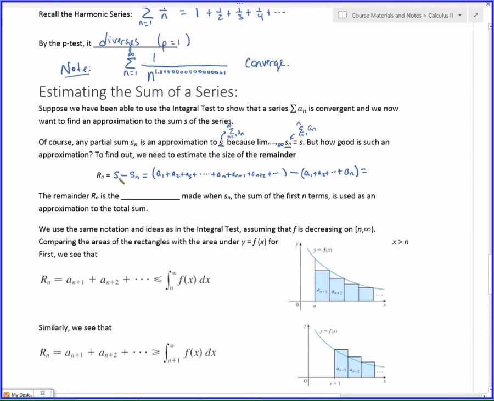Right, so S is this whole thing right here. S is all of this. And S sub n is the first n terms.